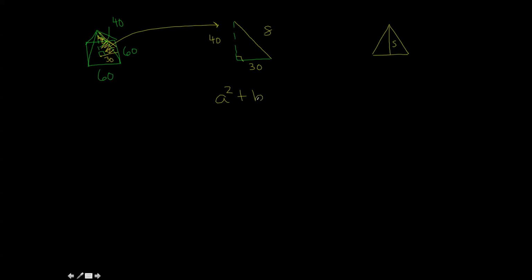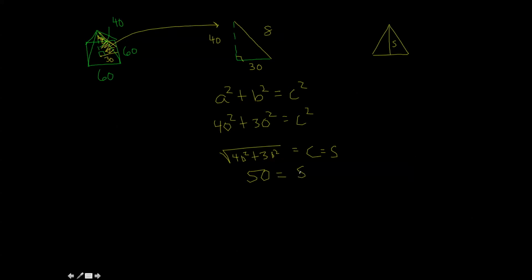You're going to still use your Pythagorean theorem. The only difference is now you know the two sides of the Pythagorean theorem instead, and so you can take the square root of 40 squared plus 30 squared, and that's going to give you your slant height, okay, which for this particular problem would be 50.